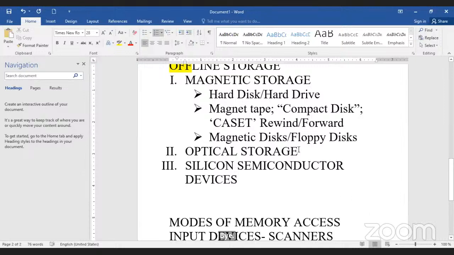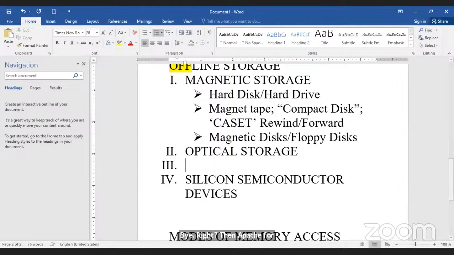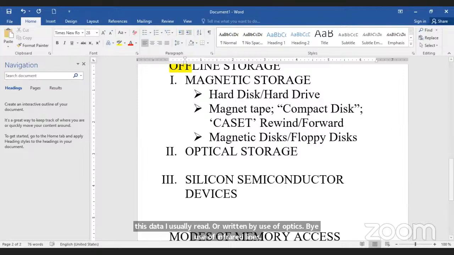Apart from magnetism, we have optical storage. From the word optical, we have optic. Optic means light, right? So these devices store data, and the data are read or written by use of infrared light or laser beams.